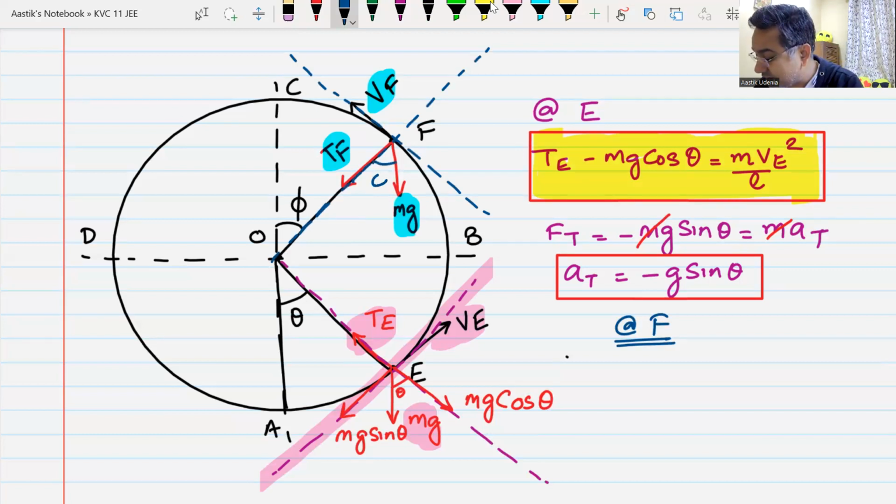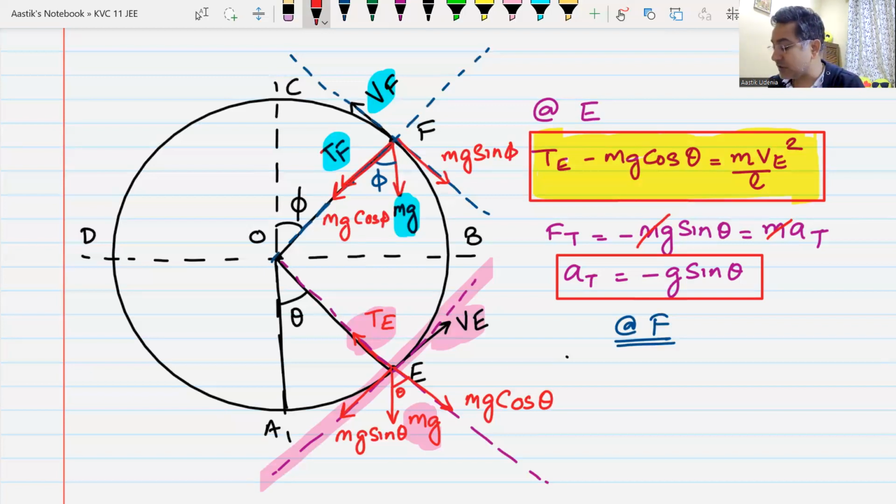As you can see, this angle would be phi also, by alternate angles. So you can resolve mg into two components. One component of mg will be going in this direction, that will be mg cos phi. And one component of mg would be in this direction, that would be mg sin phi.